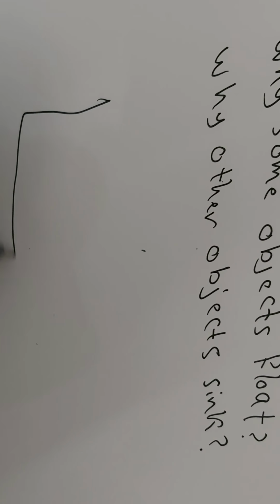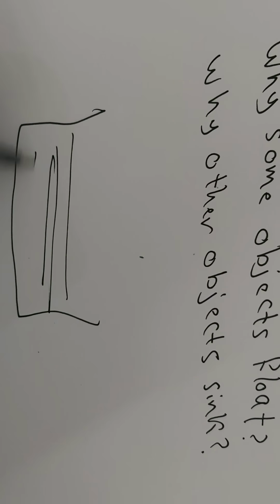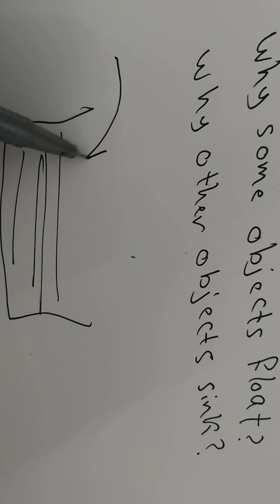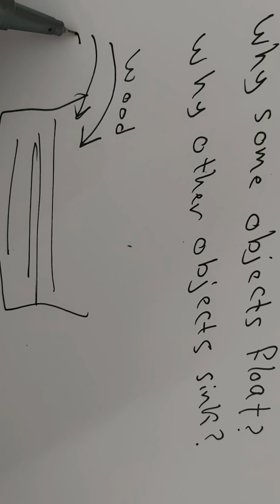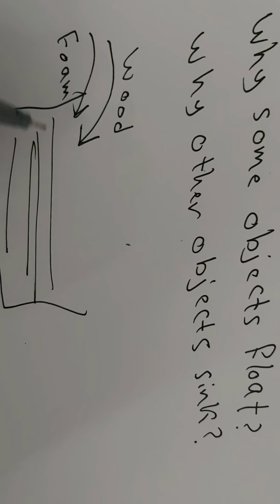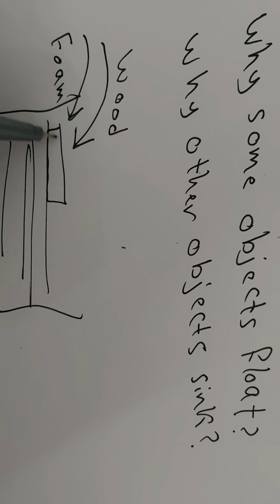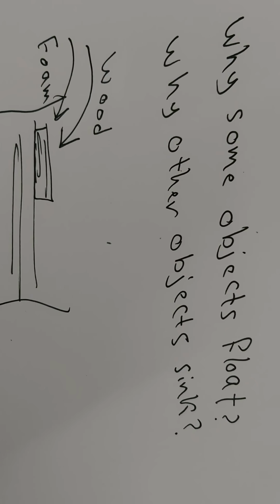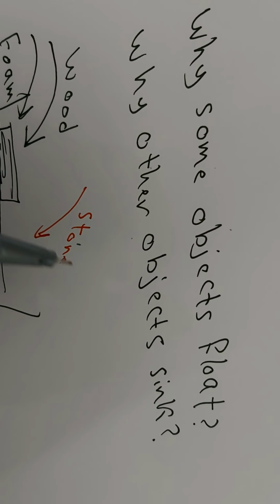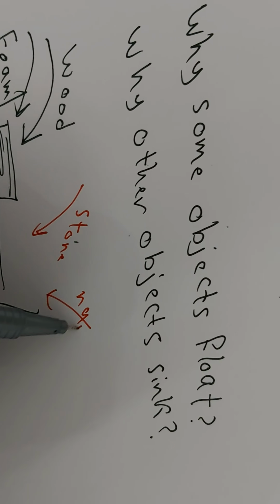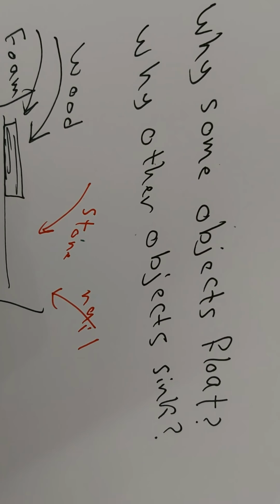Okay, for example, if you have water here, if you put wood or foam, it will float. If we put a stone or a nail, it will sink.